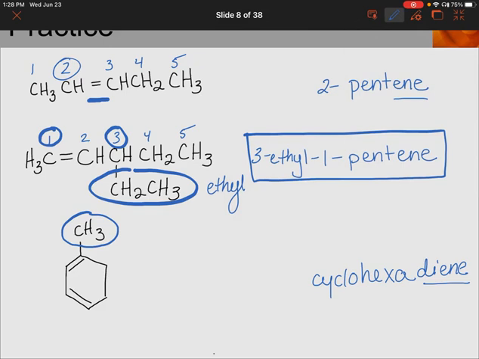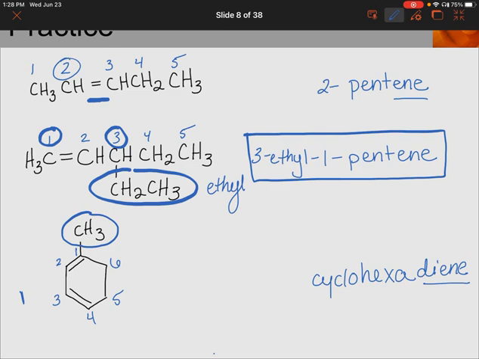A better way would be to start at the methyl group up here. Oh, is my pen not working? There we go. 1, 2, 3, 4, 5, 6. So that way the methyl group and that first double bond are both at position 1, and the second double bond still has the lowest number possible at carbon 3.